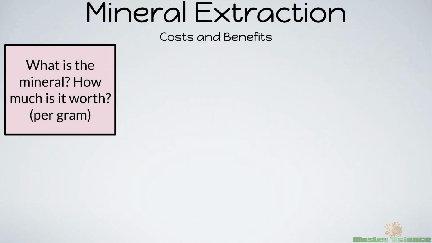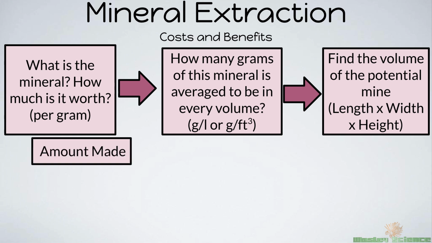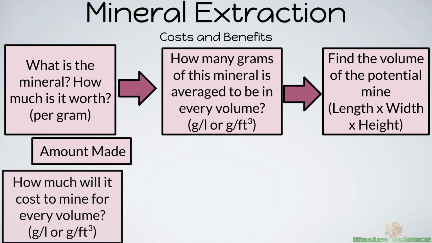So how does the math work? Well, we first start by looking at what the mineral is and how much it is worth. We then look at how many grams of this mineral is averaged to be in the volume that you want to dig up. You then have to take the actual volume of the potential mine, literally length times width times height, and it becomes an amount made situation with how much it will cost for the mine for every volume.